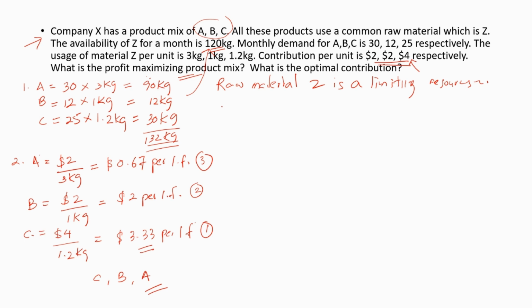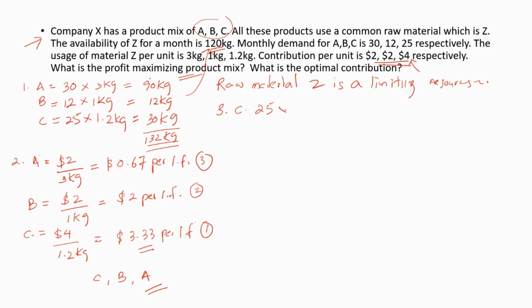Now let's go to step number 3, which is to calculate the number of products we can produce using the ranks we have given. We give the priority to product C. The demand for product C is 25.